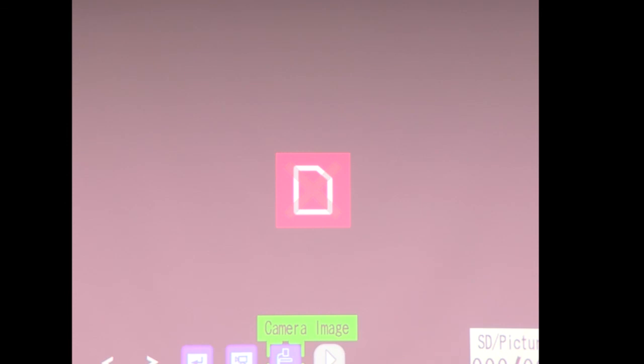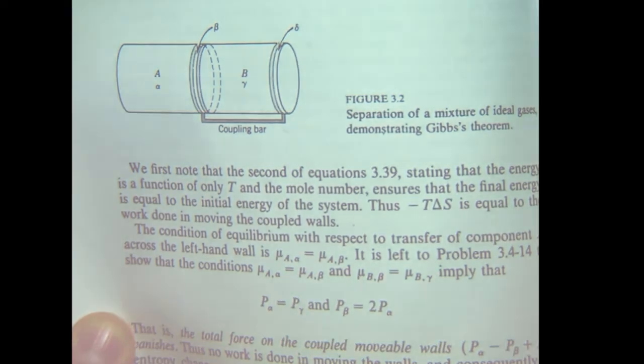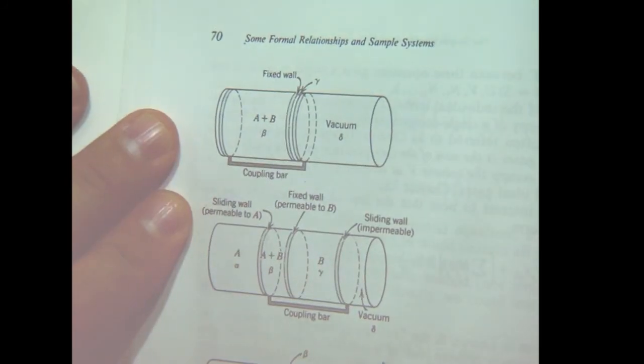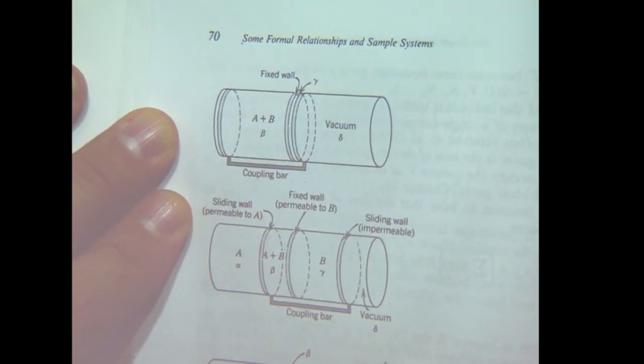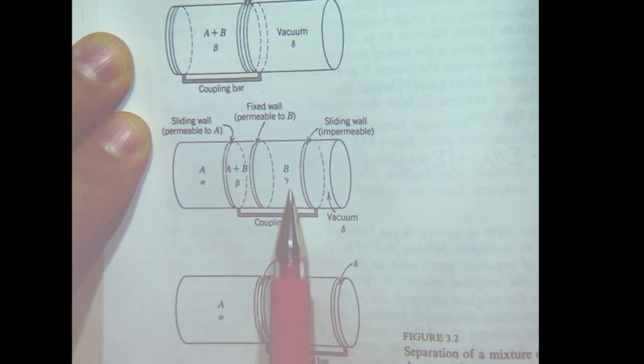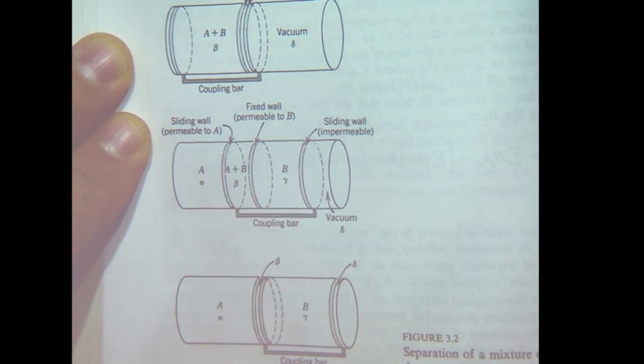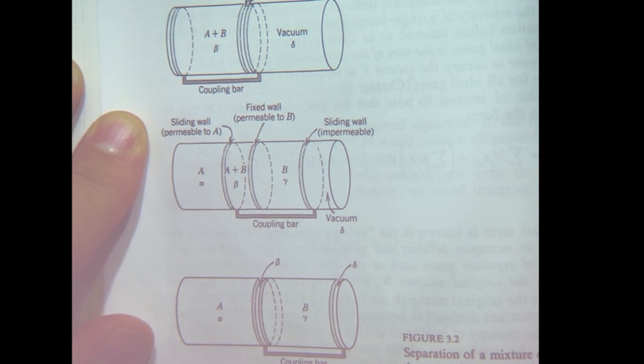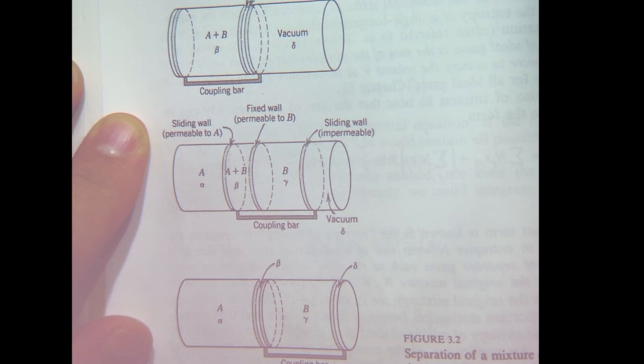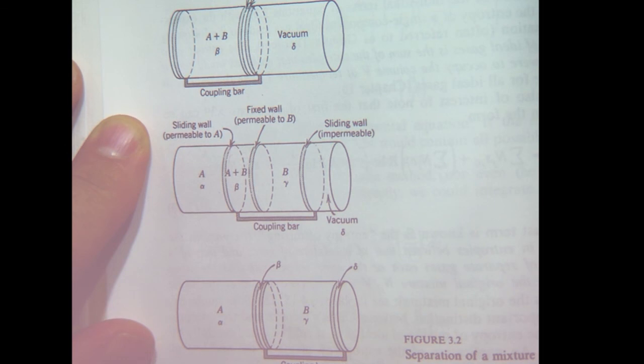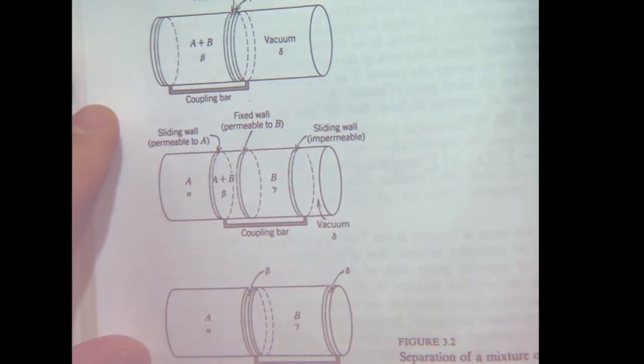So the total force on this rigid body is 0 at every point in the motion. So what's the work done? 0 times delta x is 0, no work done. So T delta S must be 0. So the change in entropy is 0. There's no change in entropy in this process.